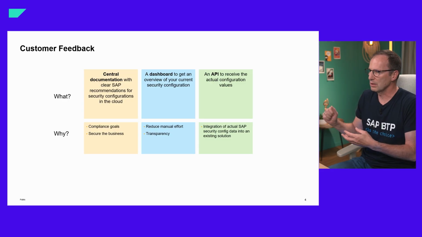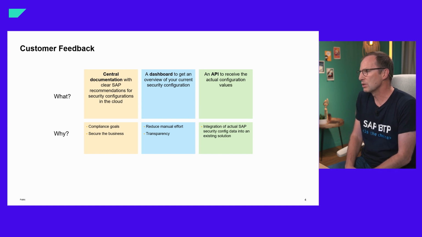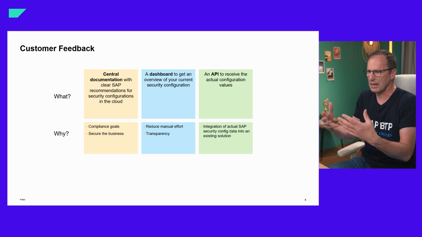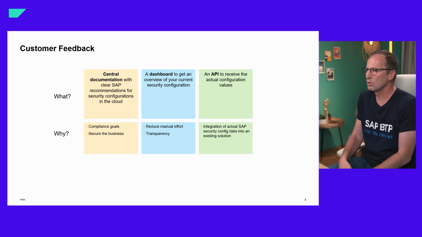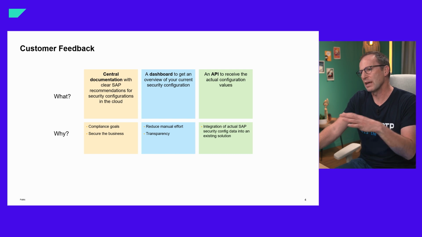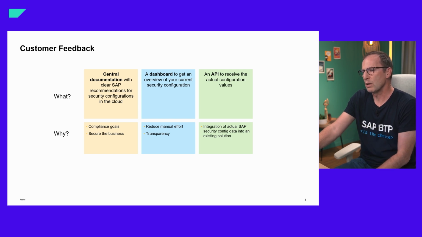Our customers also wanted an API, so that they can receive the actual configuration values and integrate them with dashboards they already have, so that they have one integrated solution to look at security controls in their system landscape. So that's why we did the security recommendations.